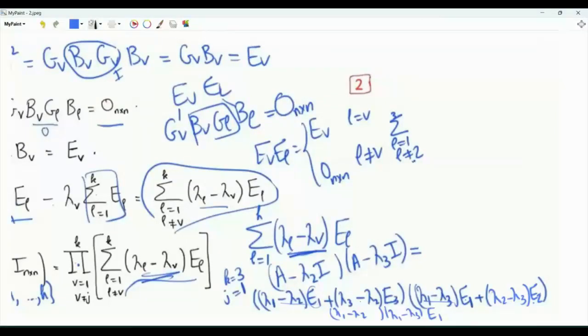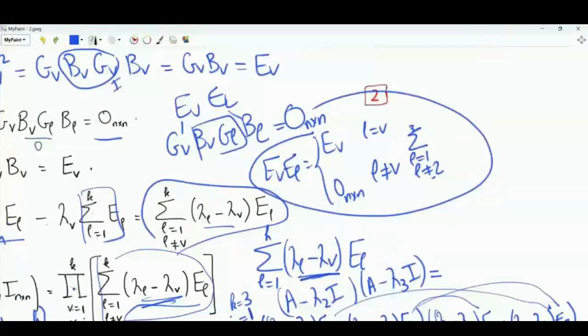And then we will have E's with an index that is not equal to V. Because of this property of the E matrices, the only surviving term will be, in the general case, when we take EJ from each bracket, from each sum, and multiply those terms together. Otherwise, we will have a product of two E matrices with distinct indices, giving us the all-zero matrix.